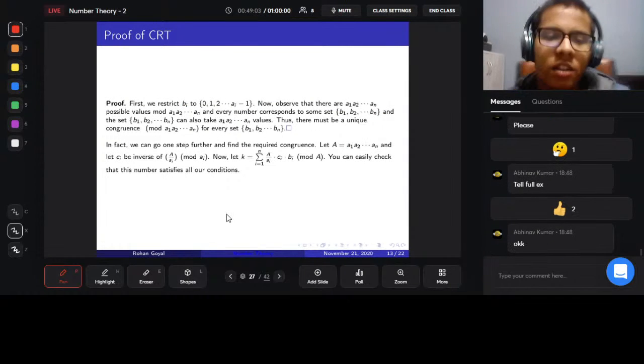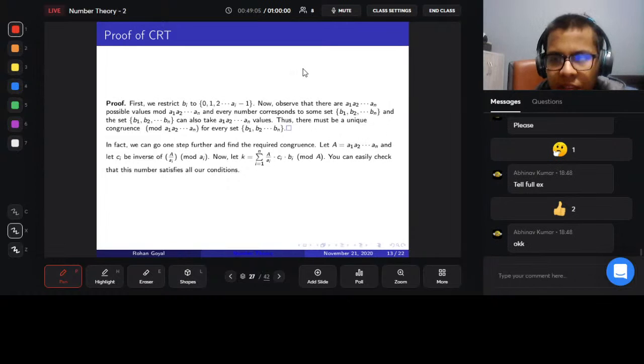Now, because the Bi are just congruences, I'll restrict them to this set, because other than that it becomes irrelevant. So there are congruences mod A1, A2, An, because the set is just 0, 1, 2, up to Ai minus 1.